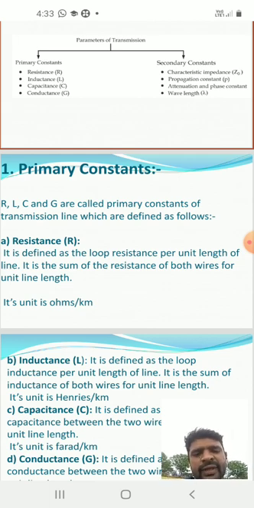It is the sum of the resistance of both wires for unit line length. That means, in an equivalent diagram of a transmission line, the loop resistance for unit length of line is called resistance. Its unit is ohms per kilometer.